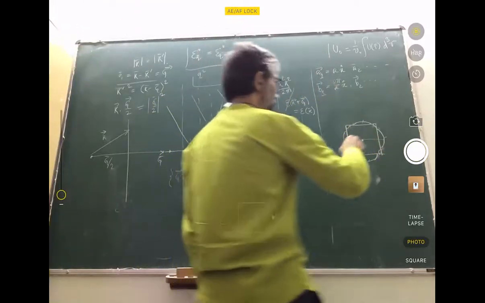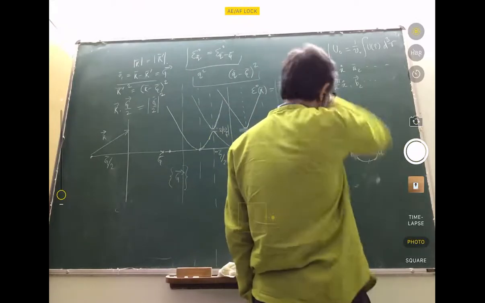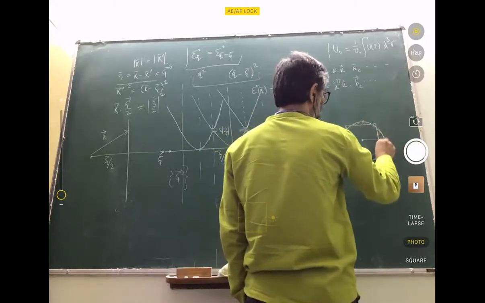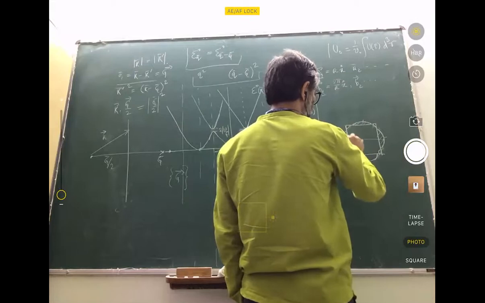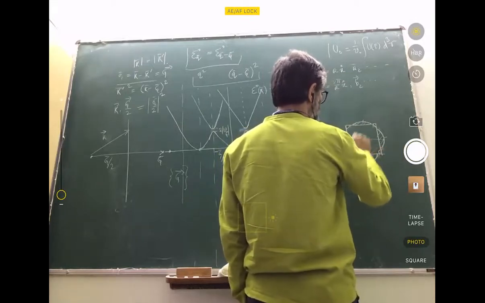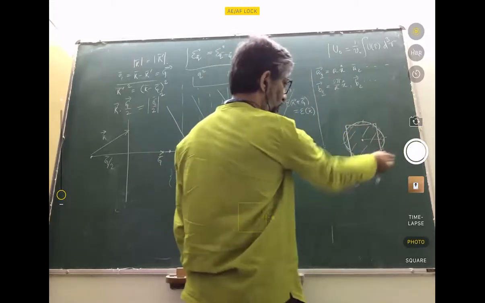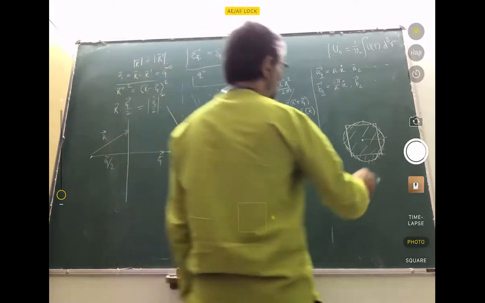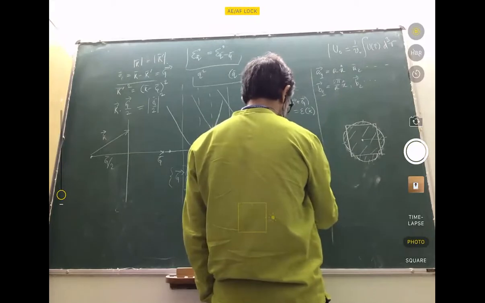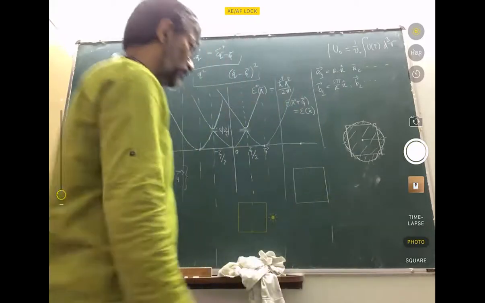In the free electron case, of course, all the states within this circular region were occupied. So let us mark them. So all these are occupied, and the ones outside are unoccupied. Then let us draw the branches separately within the first Brillouin zone.